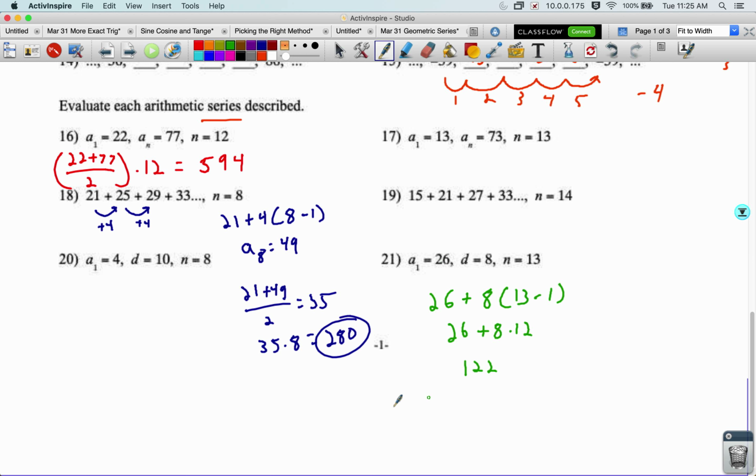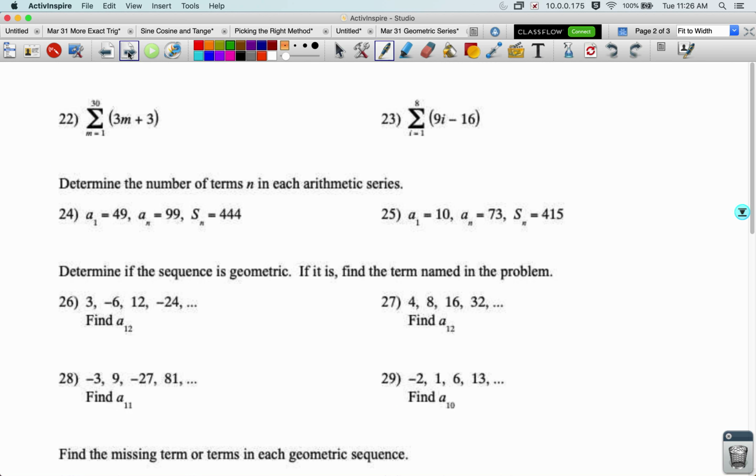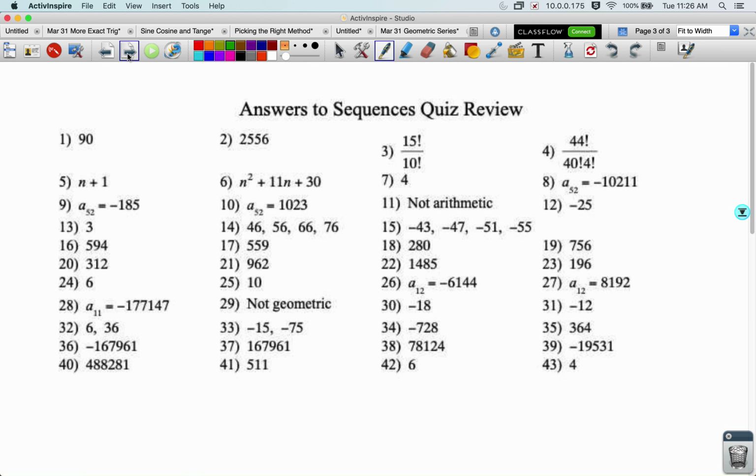So now I've got my first and my last term. I can average them, multiply by the number of terms, which is 13. Equals 962. All right, another good one to double check. So 21 is 962.